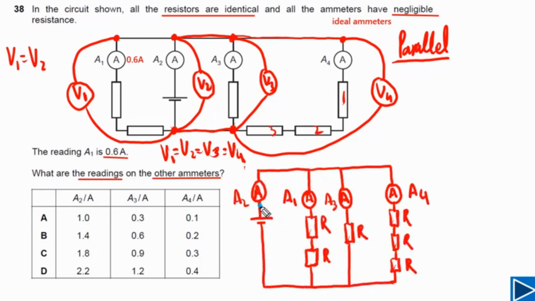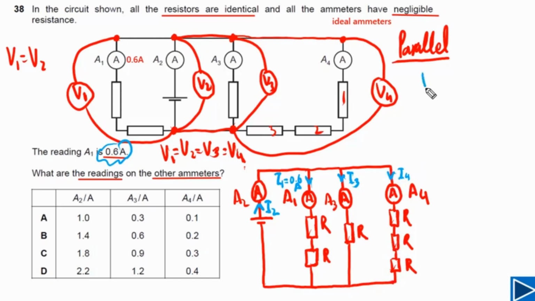Let's say the current coming from the battery and passing through ammeter 2 is I2, and the current passing through ammeter 1 and through these two resistors is I1, and the reading of I1 is given here, that is equal to 0.6 amps. And let's say the current passing through ammeter 3 is I3, and the current passing through ammeter 4 is I4, and the same current is passing through these three resistors.